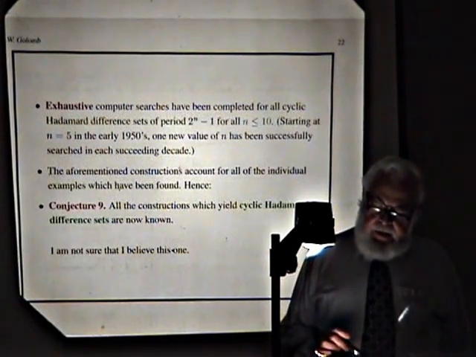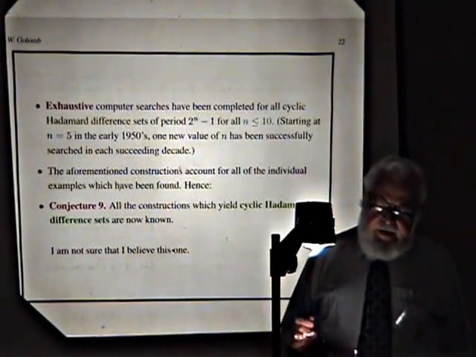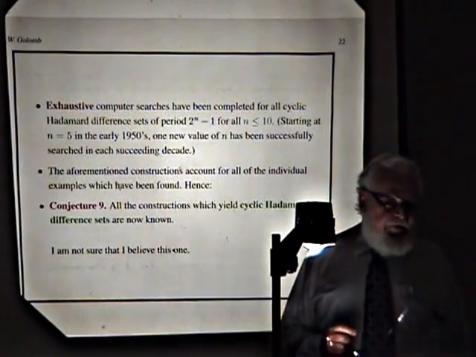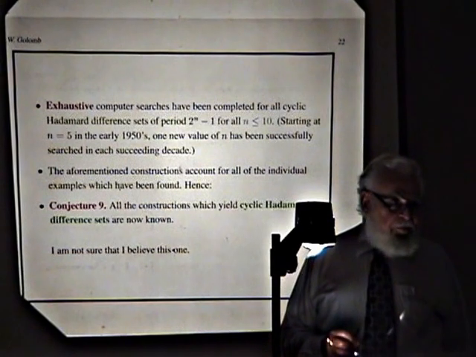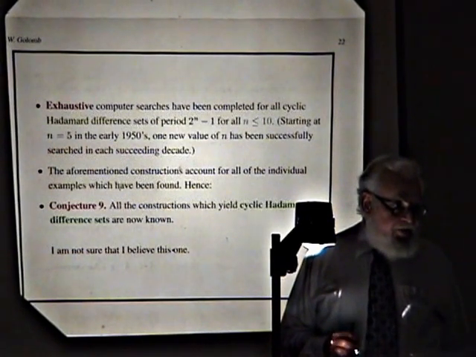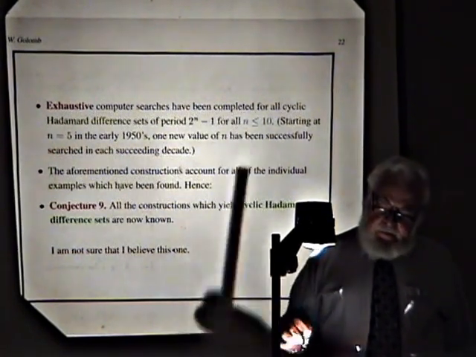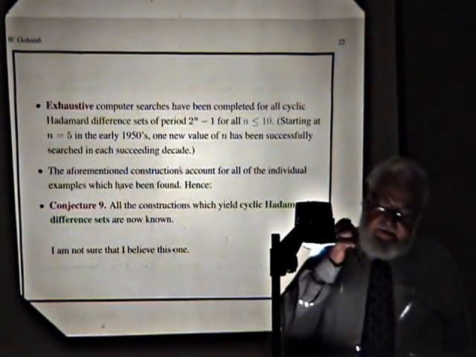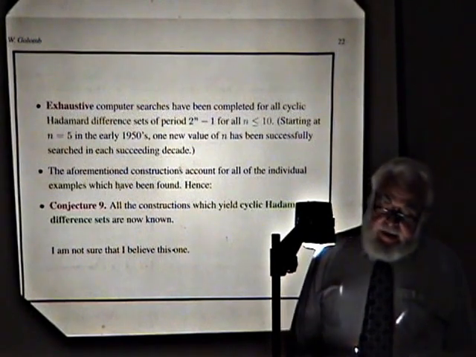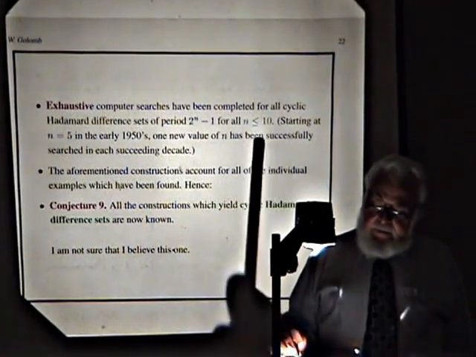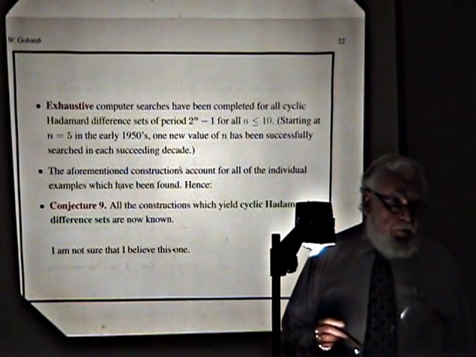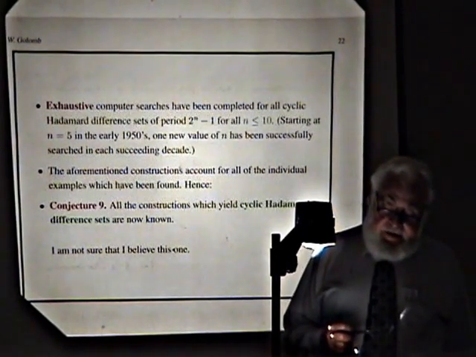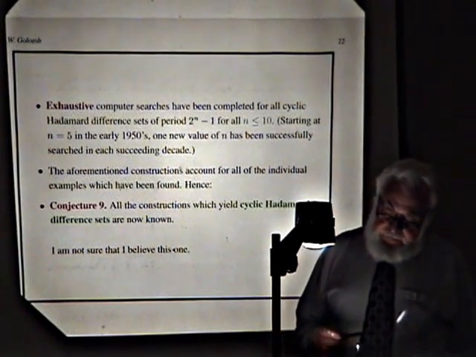Now, prior to the n equals 10 case, every time someone did a complete search at a new value of n, they found examples that were not previously explained. But by the time the n equals 10 search was done, basically all the constructions that I just listed were known, and the many, many examples that were found at n equals 10 all belong to categories that by the year 2000 were already known.